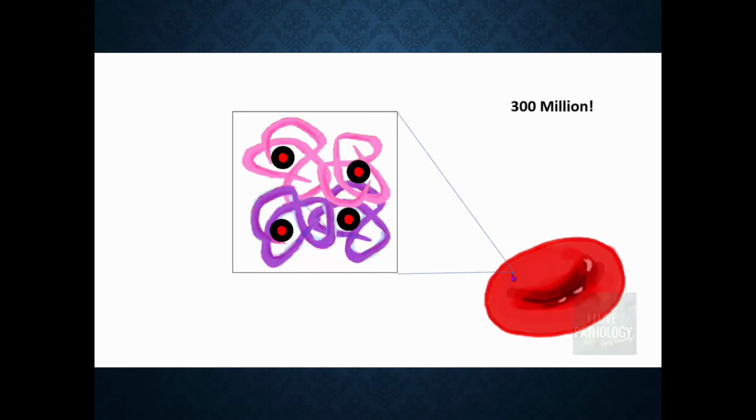Hemoglobin is part of an RBC that helps to carry oxygen and supply it to different parts of the body. There are about 300 million hemoglobin molecules in one single RBC. Each hemoglobin can carry 4 oxygen molecules, so one RBC can carry about 1 billion oxygen molecules.